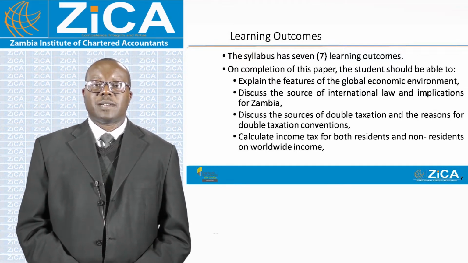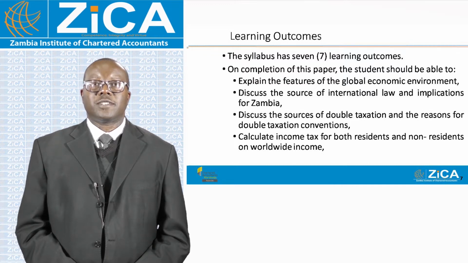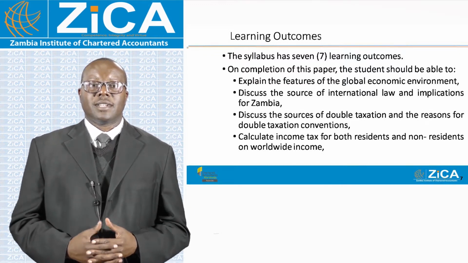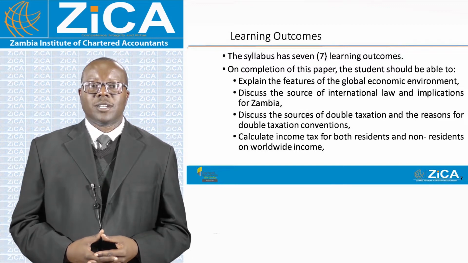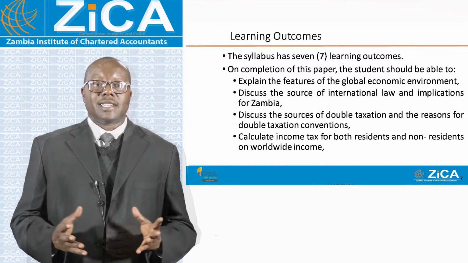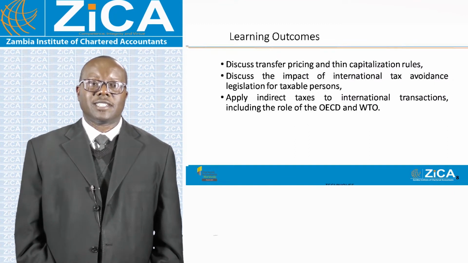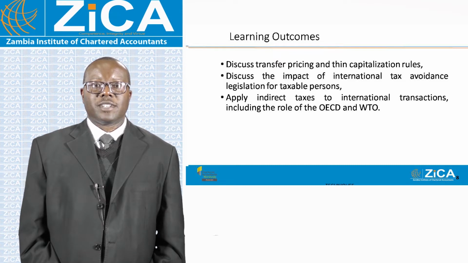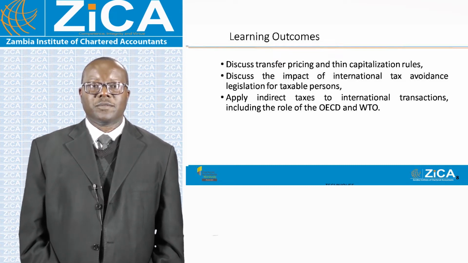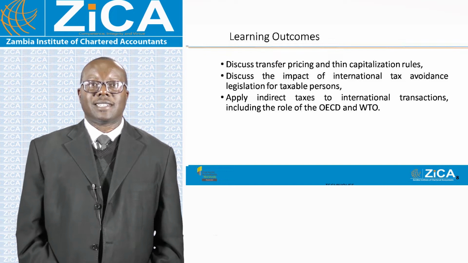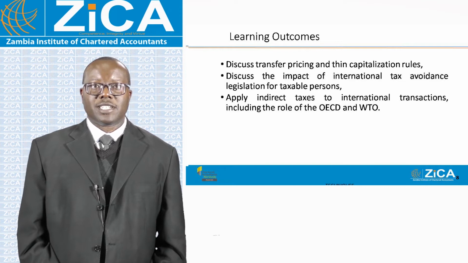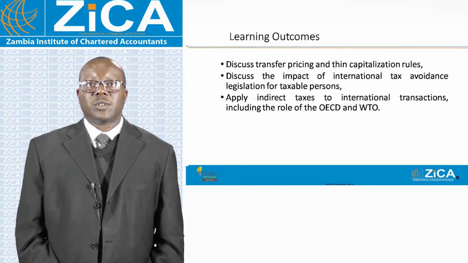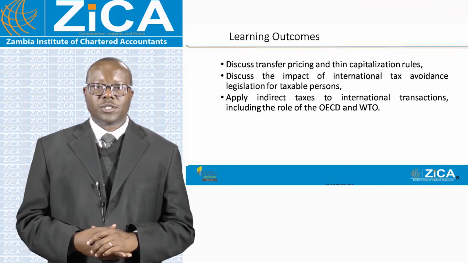discuss the sources of double taxation and the reasons for double taxation conventions, calculate income tax for both residents and non-residents on worldwide income, discuss transfer pricing and thin capitalization, discuss the impact of international tax avoidance legislation for taxable persons, and lastly, apply indirect taxes to international transactions, including the role of the Organization for Economic Cooperation and Development, OECD, and the World Trade Organization, WTO.